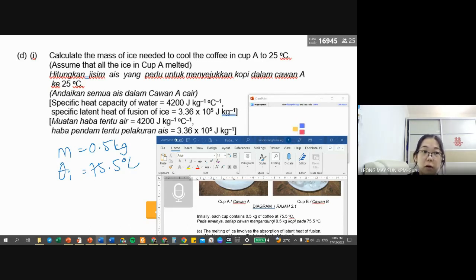Don't fall asleep, and don't wait for the answers only. There's a reason why they give you specific heat capacity here.